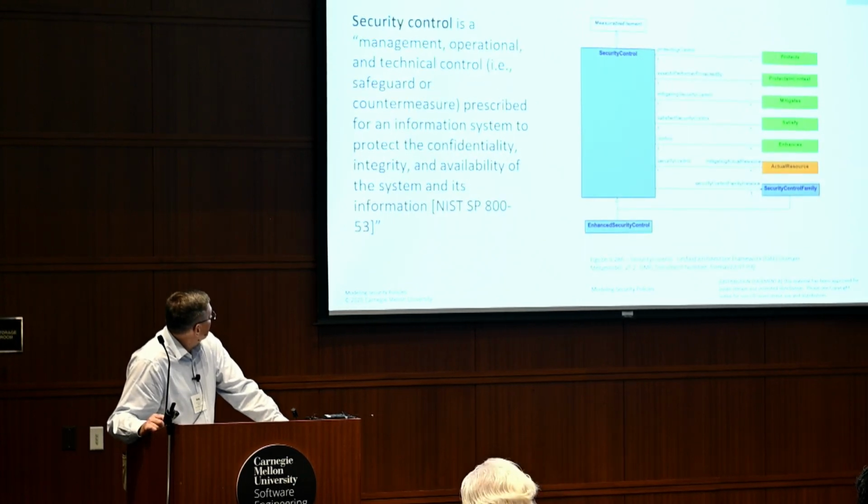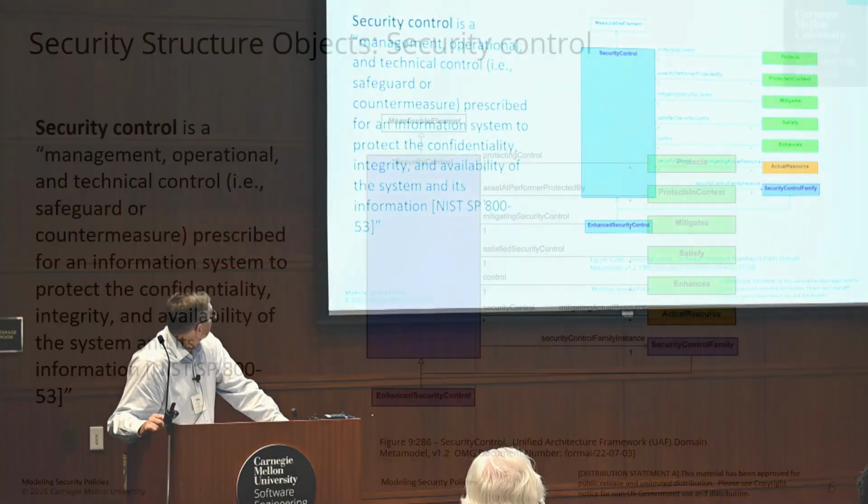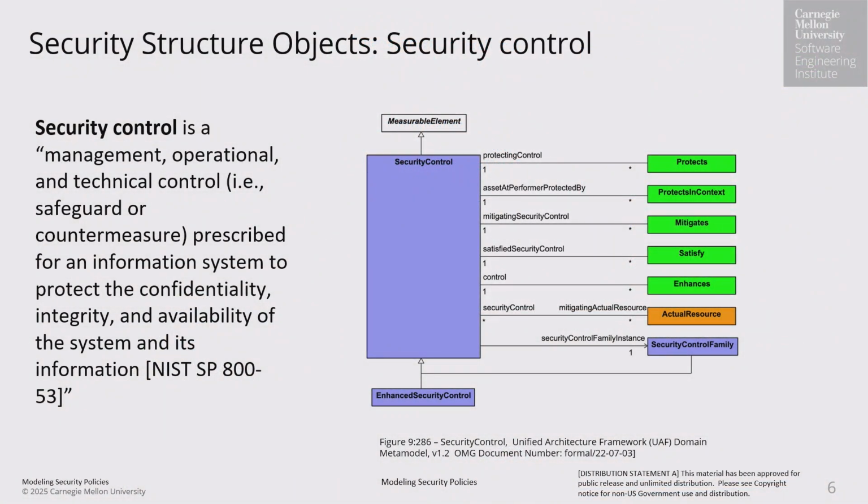The second object that we may consider is security control. And you could see that the UAF definition says it's a management, operational, and technical control that is supposed to help us with safeguarding our assets and building countermeasures, right?